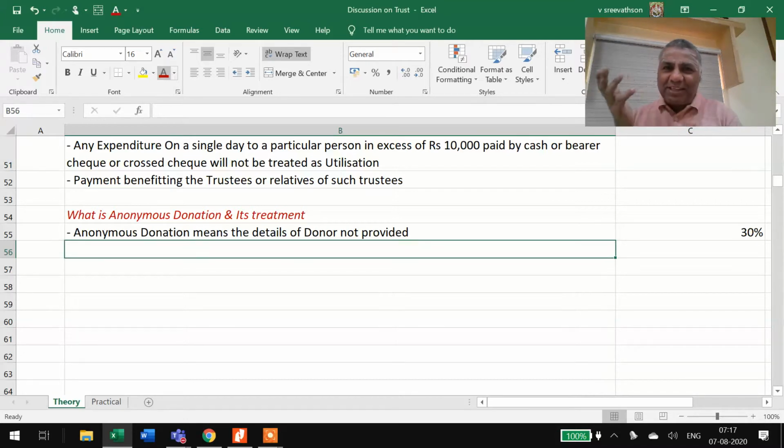How do you expect us to collect the details of the donor? The intention of the finance minister was correct. Now if you put your pen down and think, the question is also correct. What will Tirupati do?